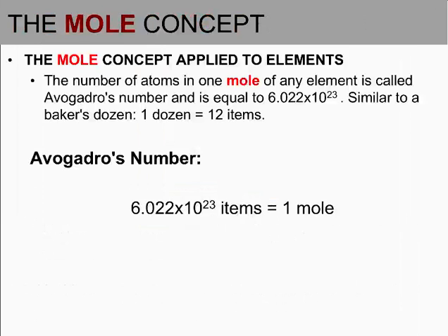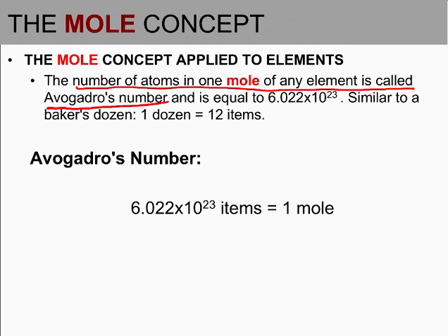This is, again, just a way to count. So the number of atoms in 1 mole of any element is called Avogadro's number. And that is equal to 6.022 times 10 to the 23rd. So this is a really large number.